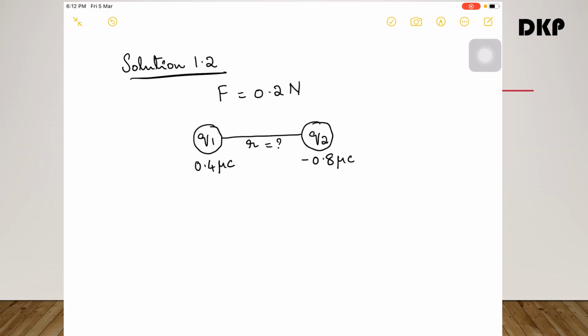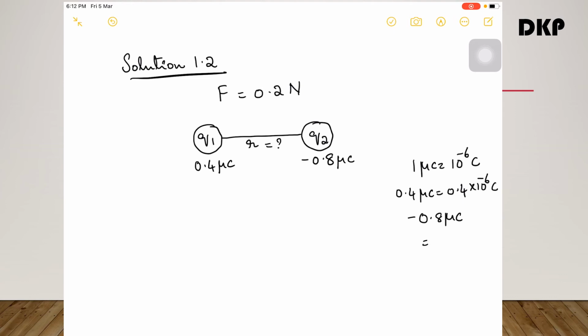So an important thing that you have to notice here is they have given the charge in microcoulombs. So you have to convert that to coulomb. So 1 microcoulomb is equal to 10 to the power of minus 6 coulomb. Therefore 0.4 microcoulomb is equal to 0.4 into 10 to the power of minus 6 coulomb. Similarly, minus 0.8 microcoulomb is equal to, you cannot use a negative sign or any sign while finding force.